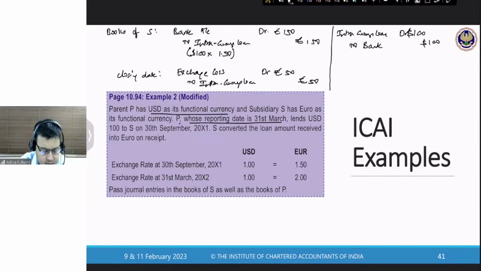This is something which we had already discussed. Exchange loss of 50 will continue to remain. So that takes care of this example. It was a small example, just for our understanding. Did you guys understand this? Yes.